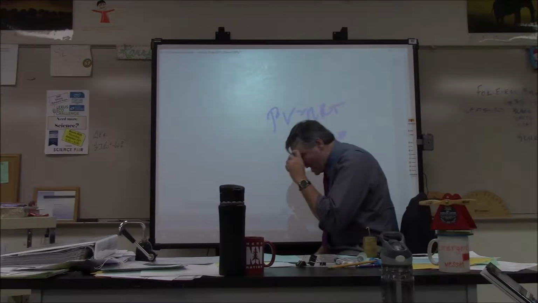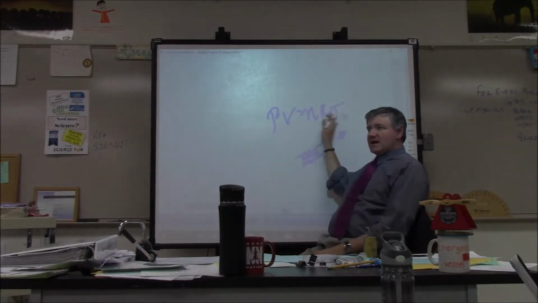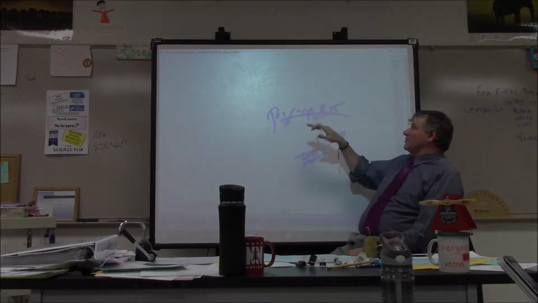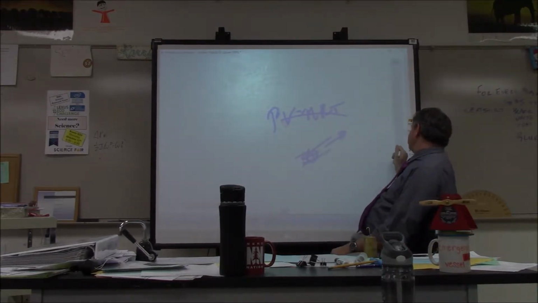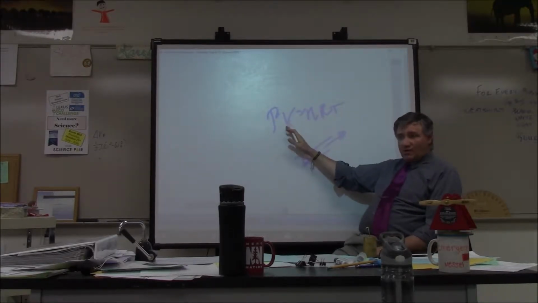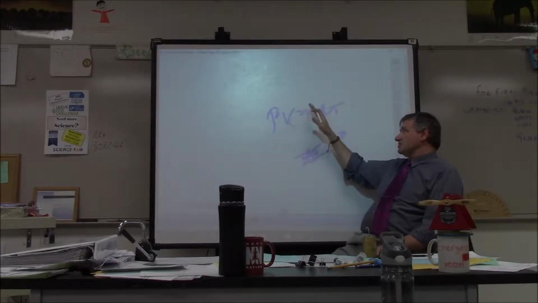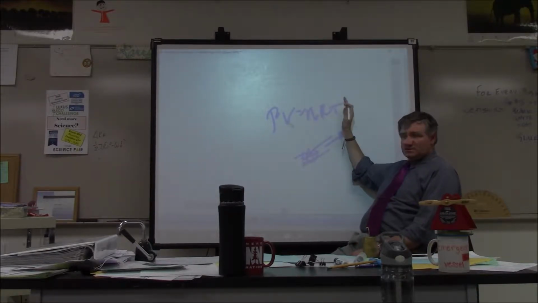So when you get to actually doing number 8, one option is that you can do smash mouth physics. You can come in here and say, okay, I got PV equals nRT. You found the volume on number 7 with a certain pressure, a certain number of moles, a certain R, and a certain temperature.